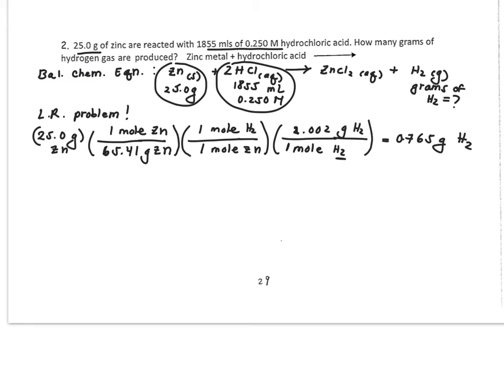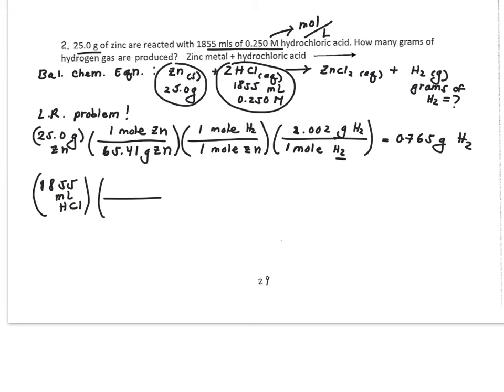Now let's go ahead and determine how much hydrogen gas is produced from HCl. Let's start off with the volume and convert that volume to liters, and then eventually we can use molarity to get to moles, because remember that molarity is moles per liter.